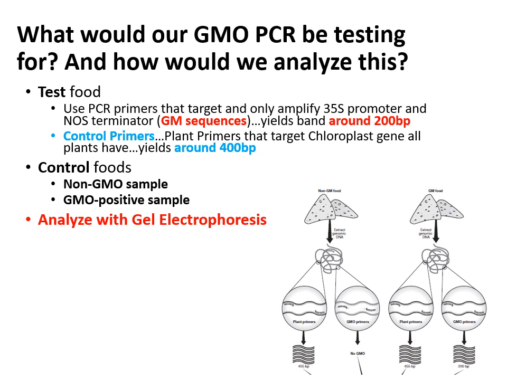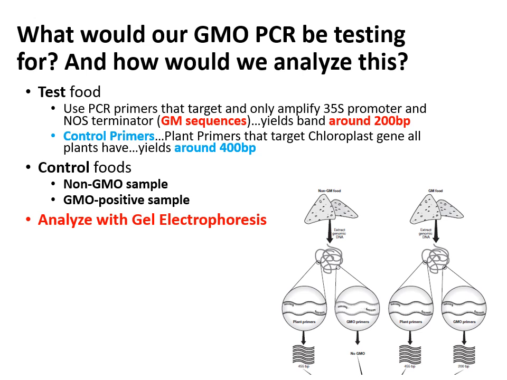So you will only see a DNA band for those genetically modified sequences if that food product contains them. If they have not been genetically modified, then the primers have no DNA to bind to. They won't recognize or match any sequence, and you won't see any amplification on your final gel.